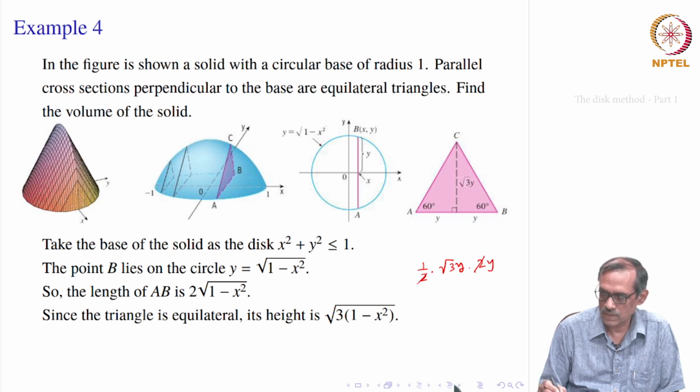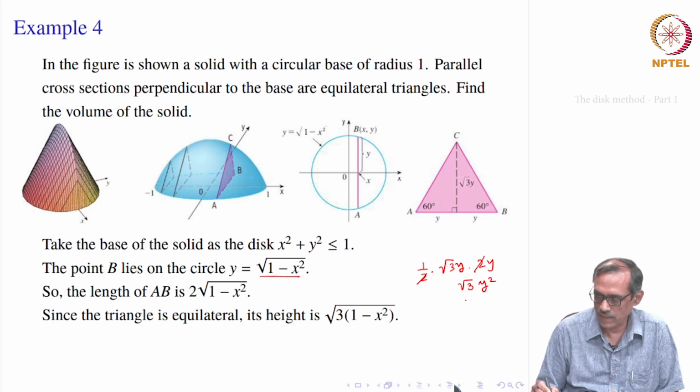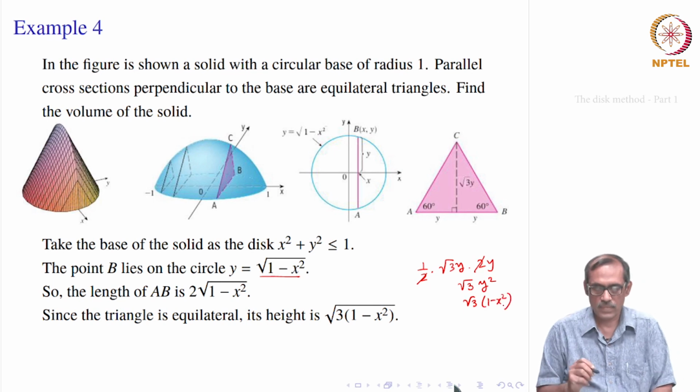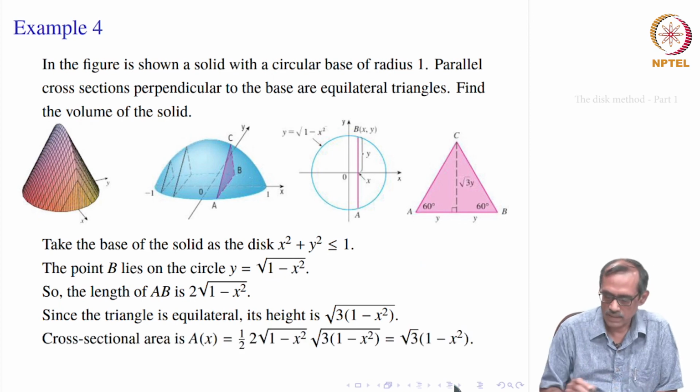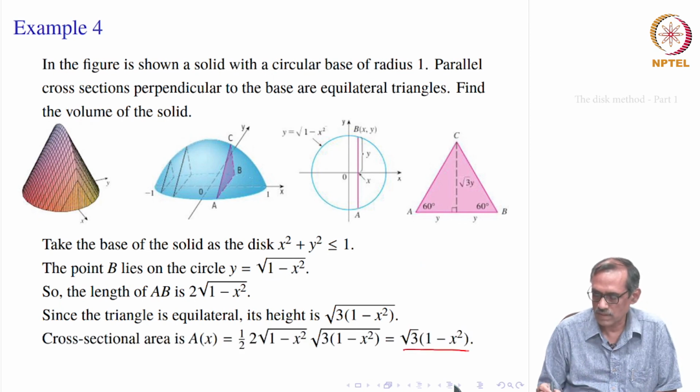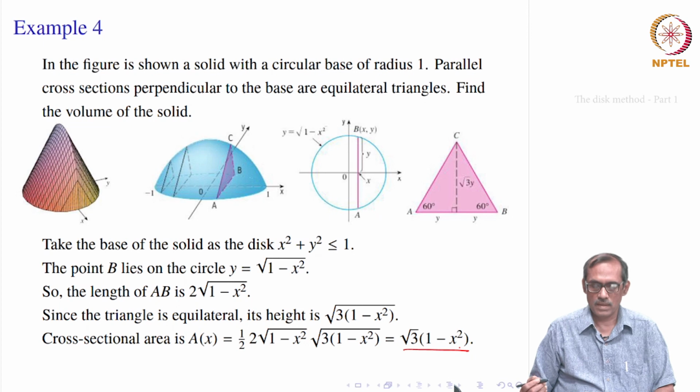So, 2 gets cancelled, we get root 3 times y square, and what is y? y equal to square root of 1 minus x square. So, it is root 3 times 1 minus x square, right. So, the area is root 3 times 1 minus x square, fine.